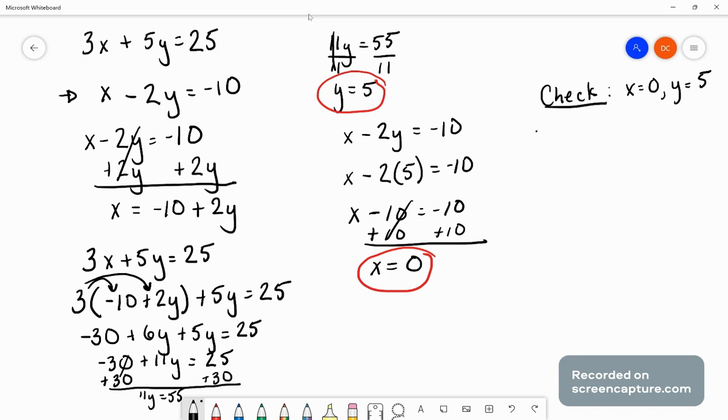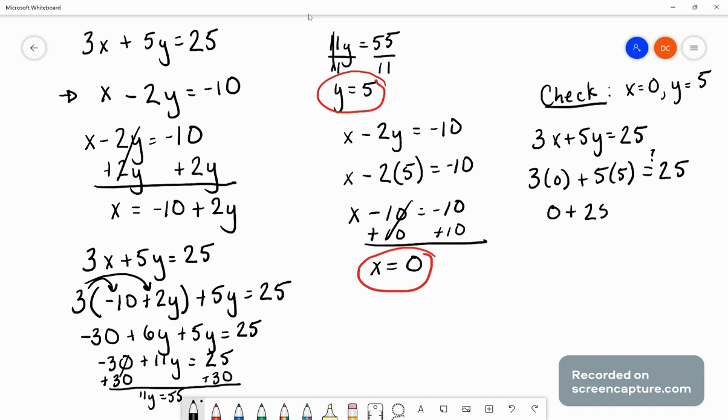So 3x plus 5y equals 25. 3 times 0 plus 5 times 5. Does that equal 25? Well, yeah, 3 times 0 is 0, plus 5 times 5 is 25. Yes, that one works. Now we have to check our other one. So we have x minus 2y equals -10, right?